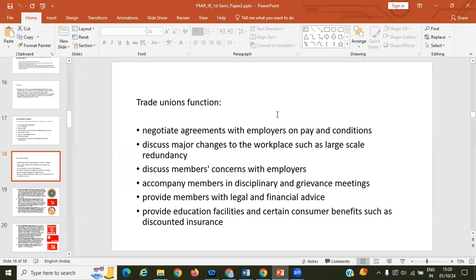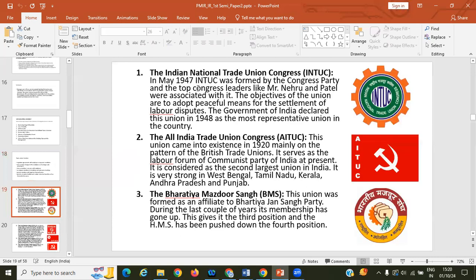Members could be employees or employers, and there are different types of unions existing in our country. You are familiar with most of these. One is the Indian National Trade Union Congress, INTUC.